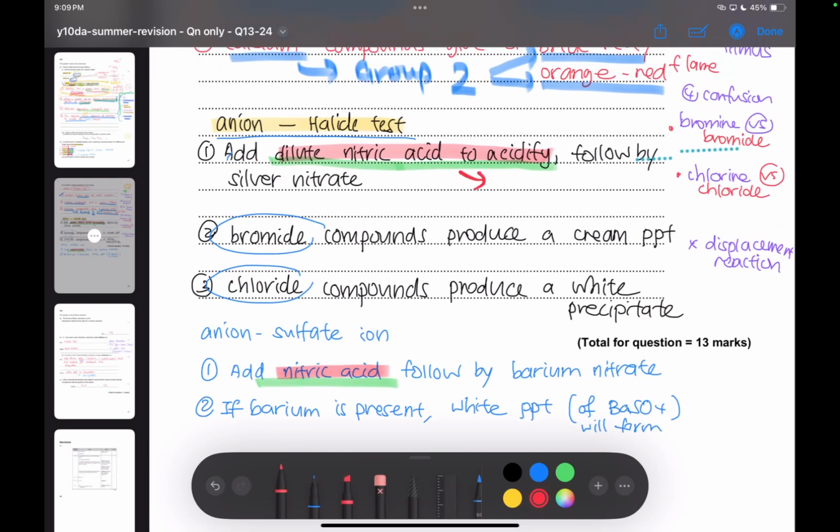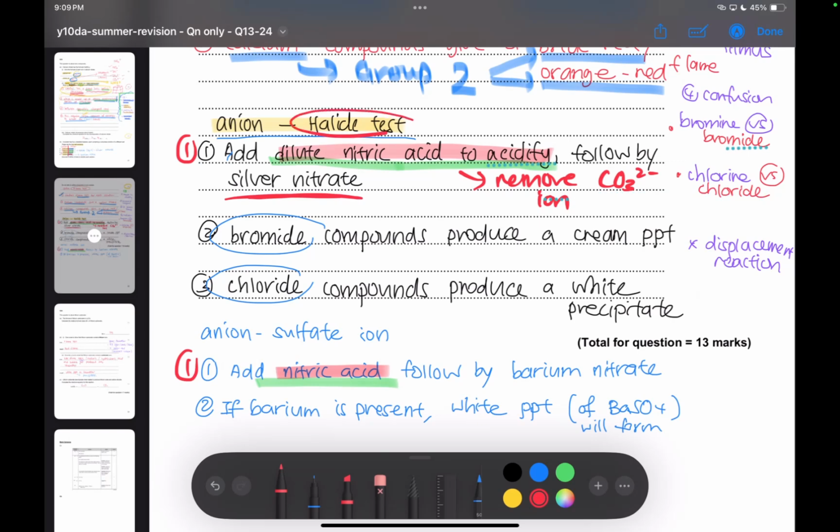We want to remove any possibility of carbonate ion, because if you learn about solubility rules, most carbonates are insoluble in water. So we want to eliminate all possibilities so that if any precipitate forms, it is only truly the one that we are testing and not because of potential carbonate ion in there. So always acidify first, followed by adding the testing reagent that you want.